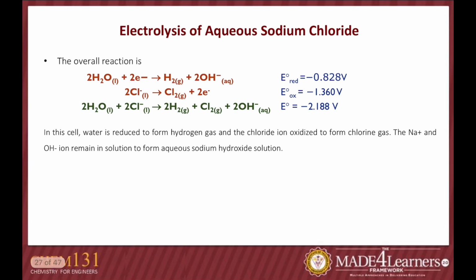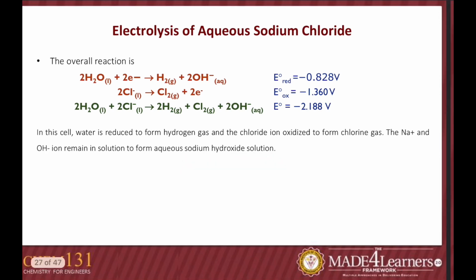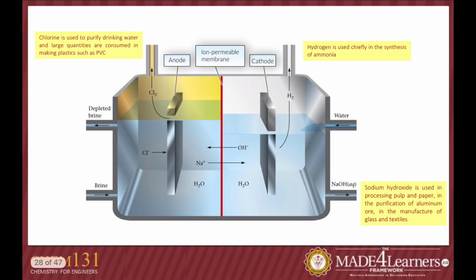So, in the actual electrolysis of aqueous sodium chloride, there is a formation of hydrogen and chlorine gas. In this cell, water is reduced to form hydrogen gas and the chloride ion is oxidized to form chlorine gas. And then the sodium and the hydroxide ion will remain in the solution to form aqueous sodium hydroxide solution. This is actually a very important process.